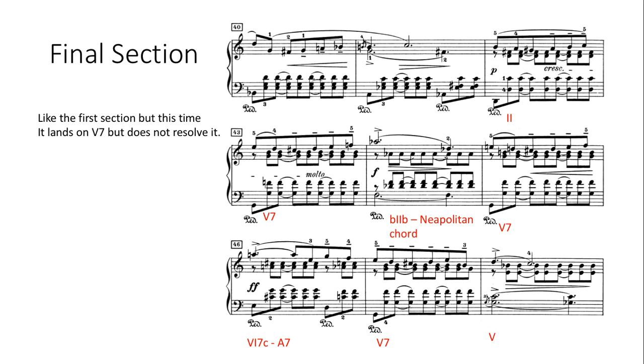We land on 5/7 in bar 43, but then we don't continue on to land on the tonic. So we land on chord 7, 5/7 in bar 43, and then we end up on the Neapolitan chord in bar 44.